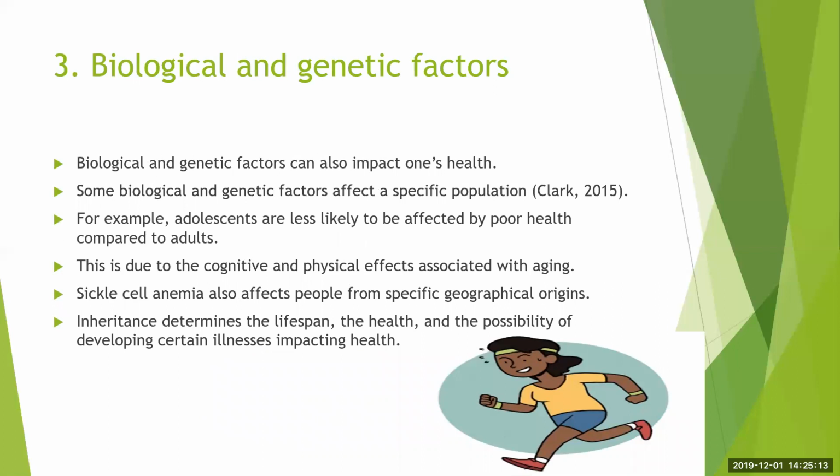Biological and genetics factors. Biological and genetic factors can also impact one's health. Some biological and genetic factors affect a specific population. For example, adolescents are less likely to be affected by poor health compared to adults.